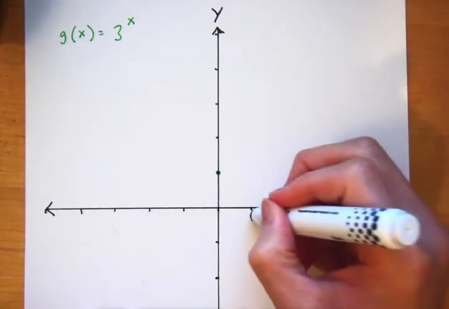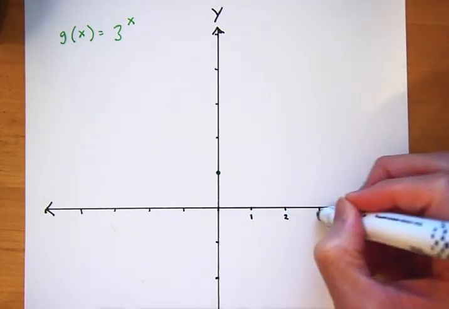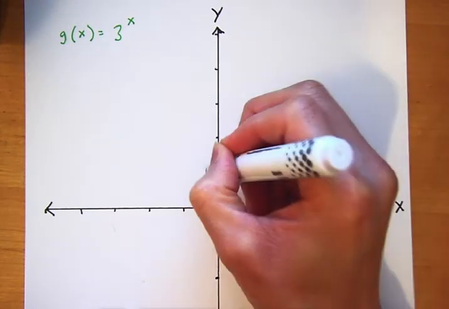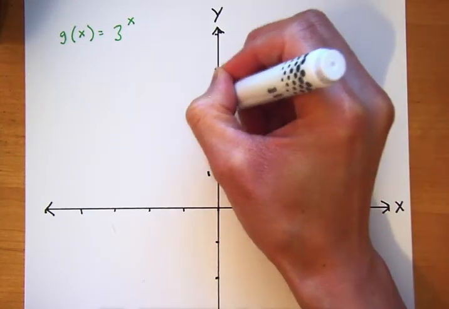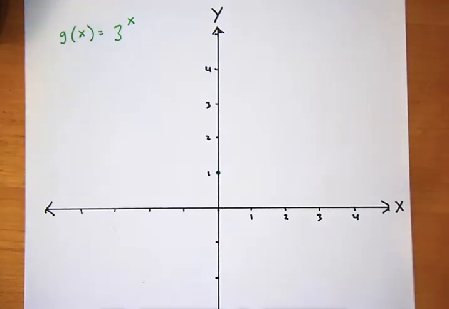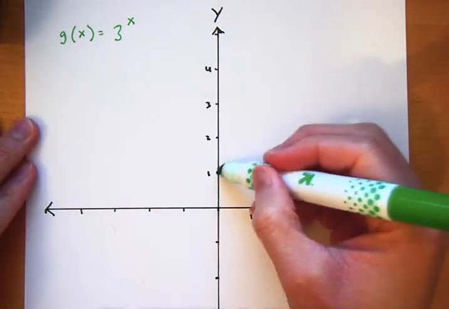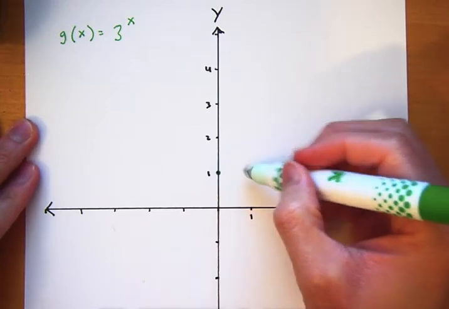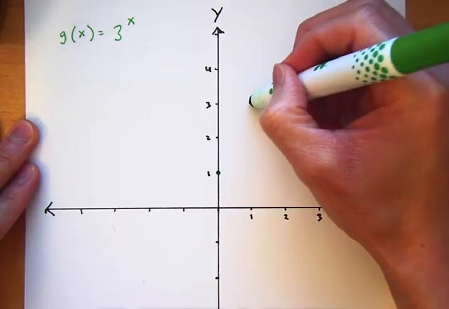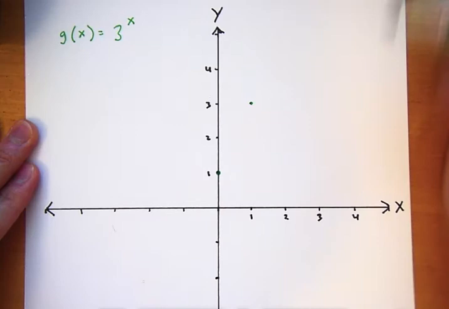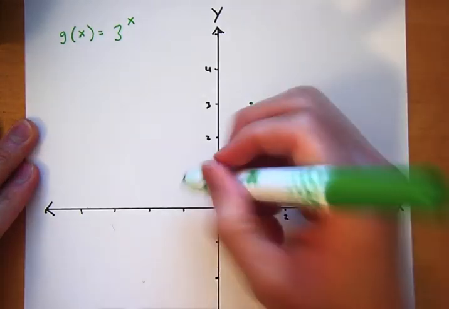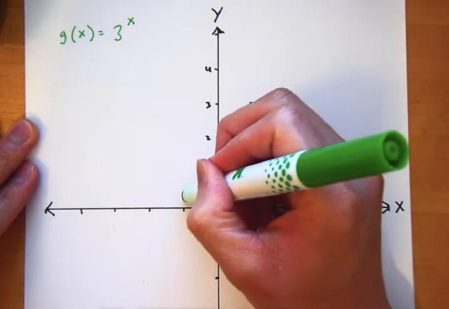This here is counting by 1. X equals 1, y is equal to 3. X equals negative 1, y is equal to 1/3, which is about here.